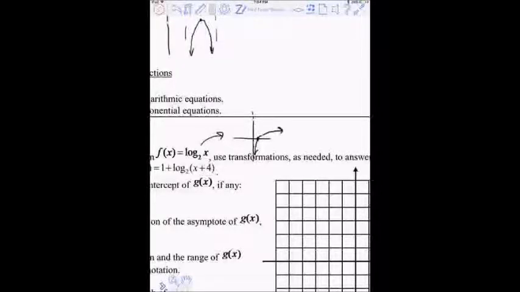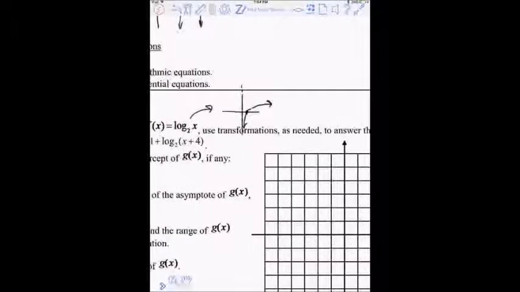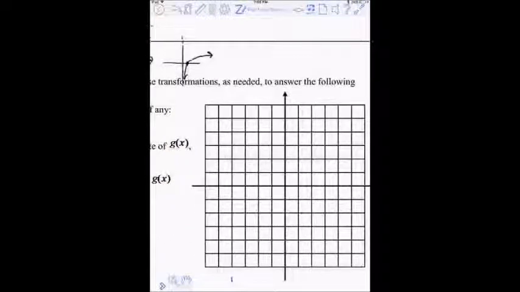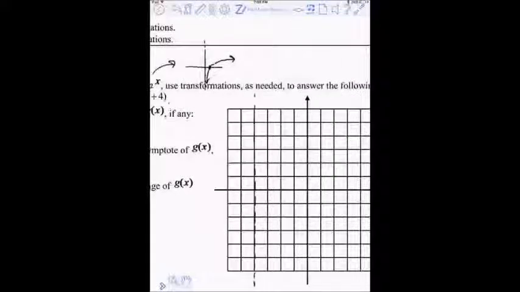So if the whole graph is moving to the left 4 units, that also means the vertical asymptote moves to the left 4 units. So now it's going to be here at -4. Now this point right there was at the point 1, 0. That's also going to move to the left 4 units.